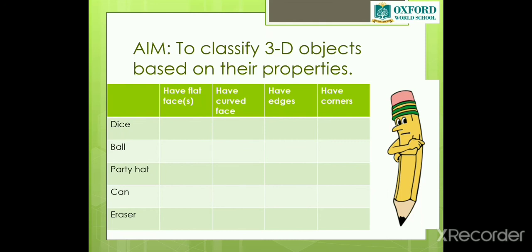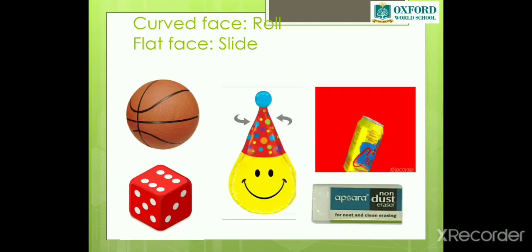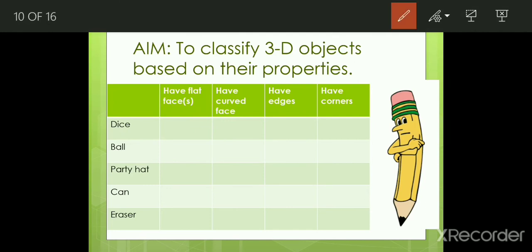So you can easily tell which of the examples have flat faces. Dice, yes, dice has a flat face, so I can put a tick here. Then dice has edges also, yes, so I can put a tick here. And corners also, the dice has.